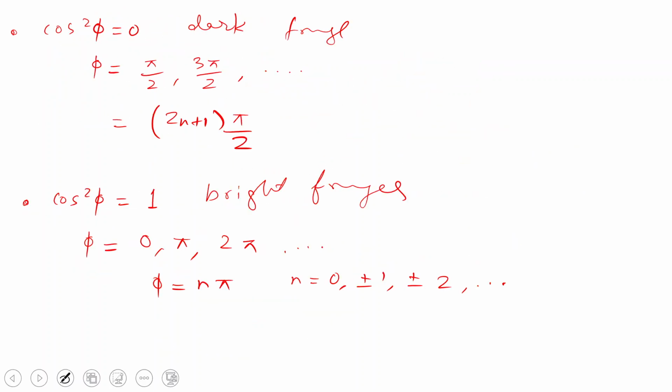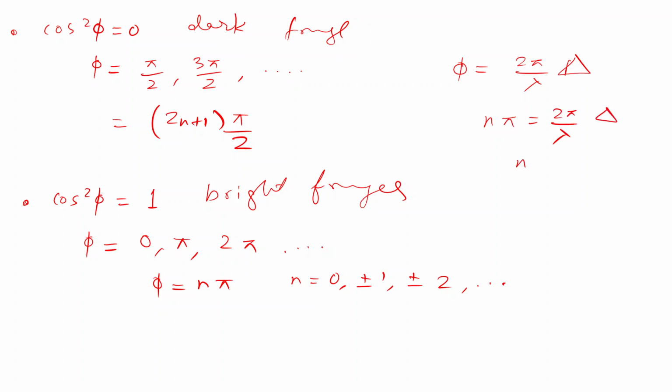I hope you know that the relation is something like phase difference is 2 pi by lambda times path difference. So if the phase difference is n pi, then the path difference will be, n pi cancel, n lambda by 2.